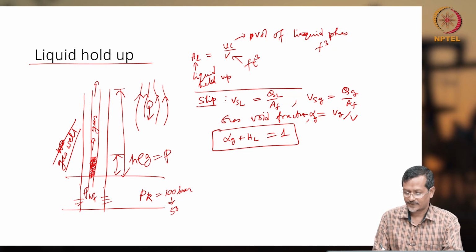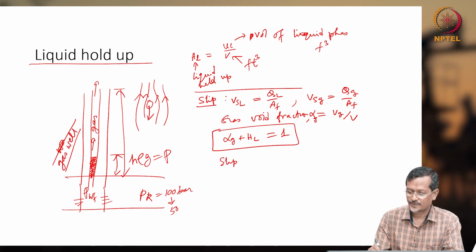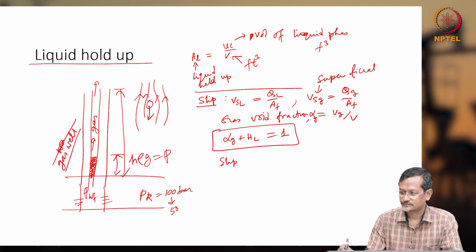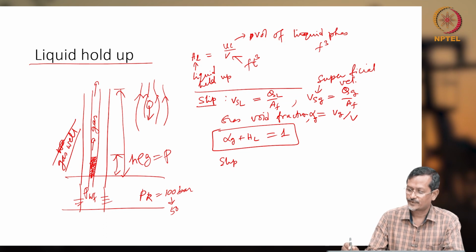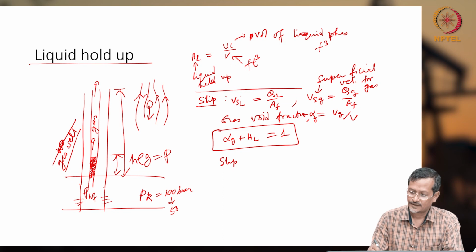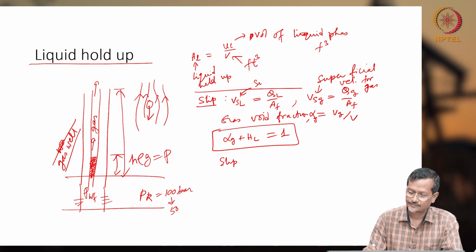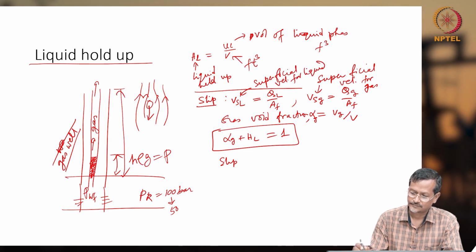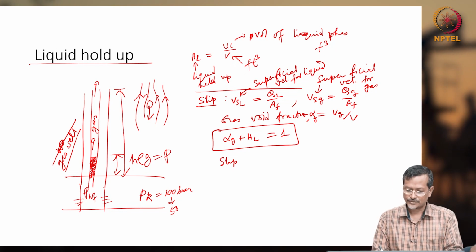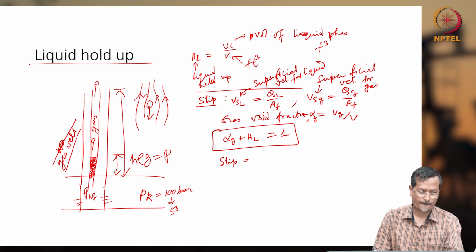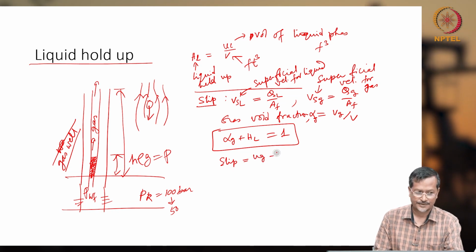These are the superficial velocities for gas and for liquid. So slip equals the actual velocity of gas minus liquid, Ug minus UL.